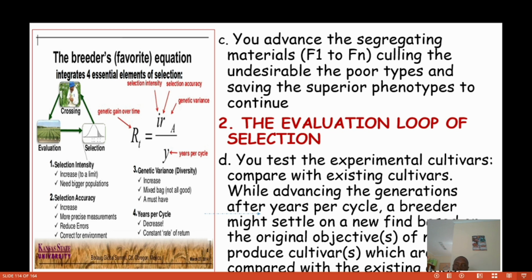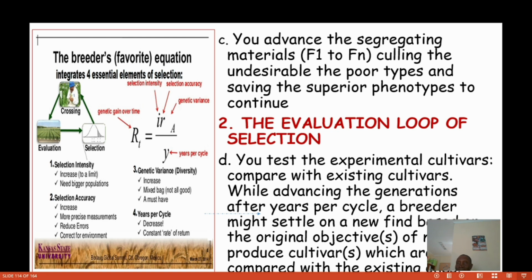You got the F1 seed. That F1 seed is what you grow into the plants. Let me correct it this way, which you will now have growing into plants that will produce F2 seed. Let me do that correction, yes.